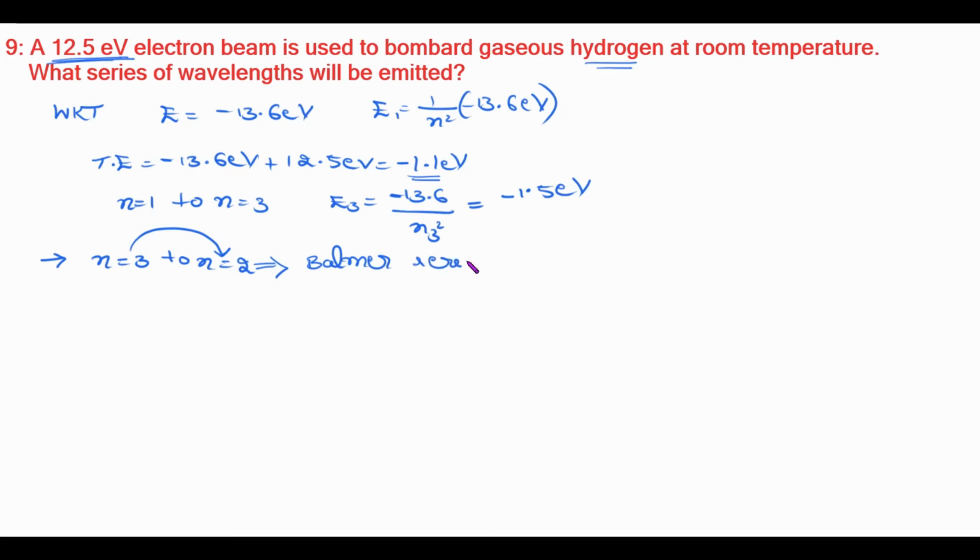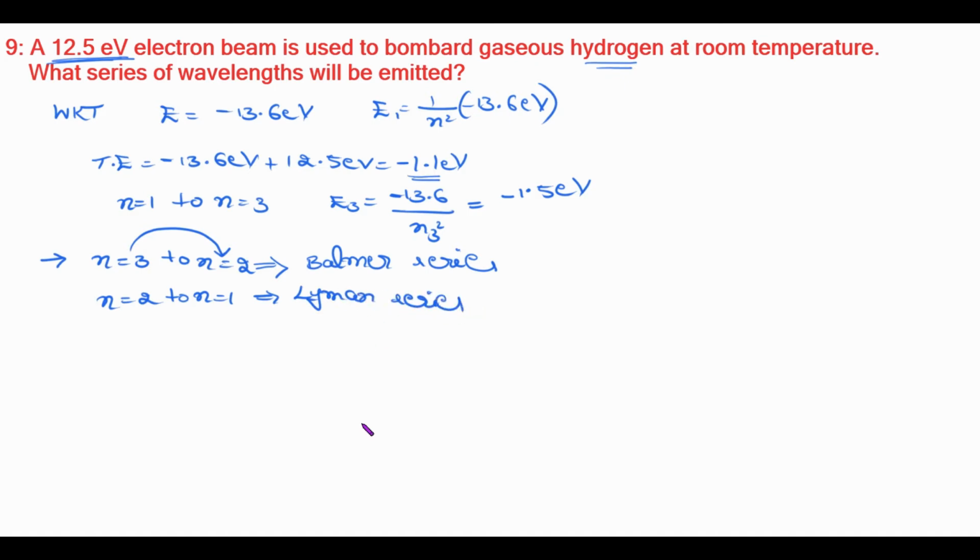It gives rise to the Balmer series. Next one, if the transition takes place from n = 2 to n = 1, this will give rise to the Lyman series.